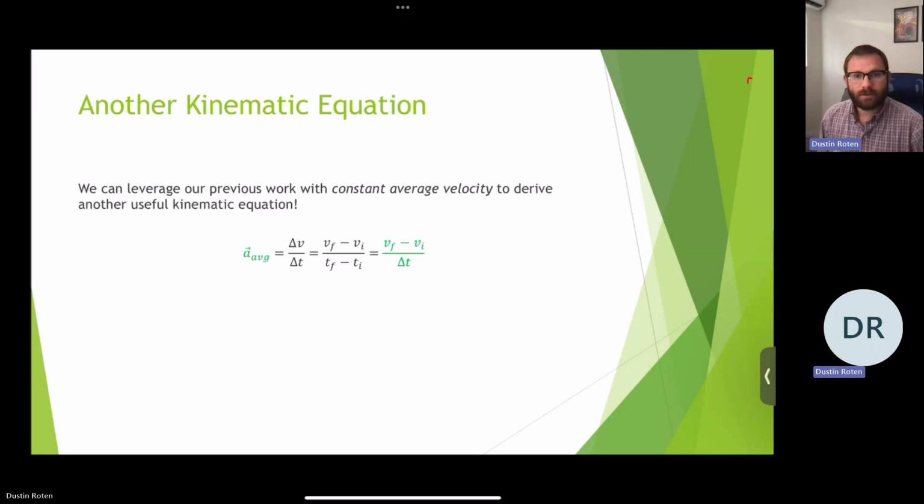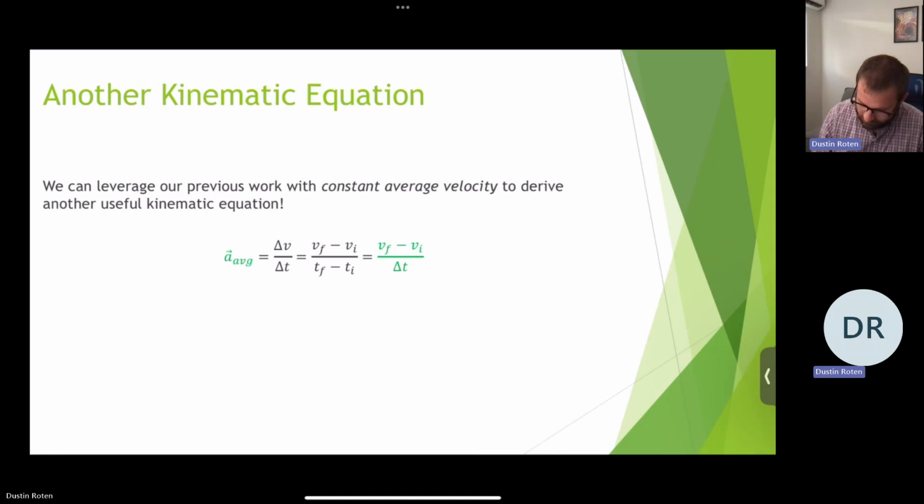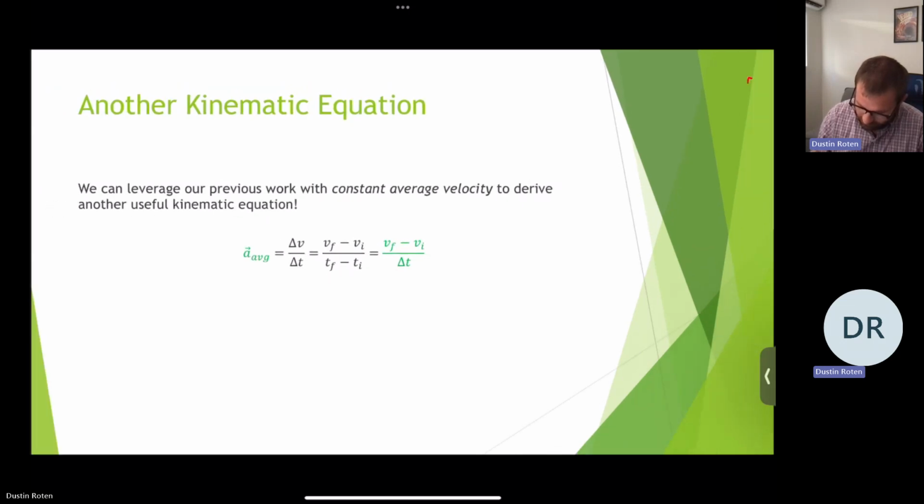All right, so we know that the average acceleration just is equal to the change in, we'll call it rise over run, the change in your y versus the change in your x. Okay, well, we can do the same thing from the last lecture. And essentially, we can just say, well, average acceleration just equals the difference in final and initial velocity divided by the amount of time it took to do that, the delta t.